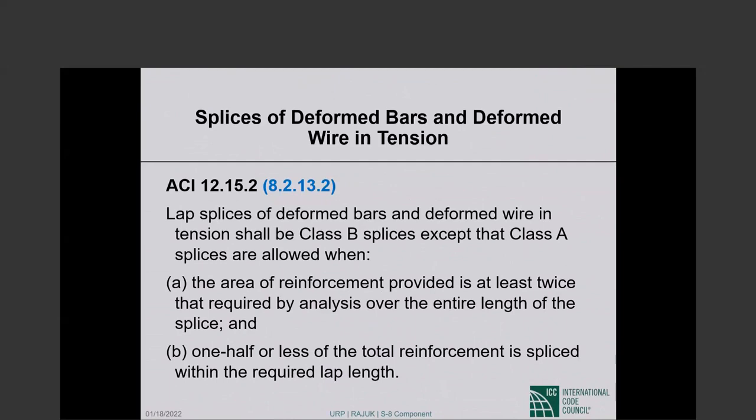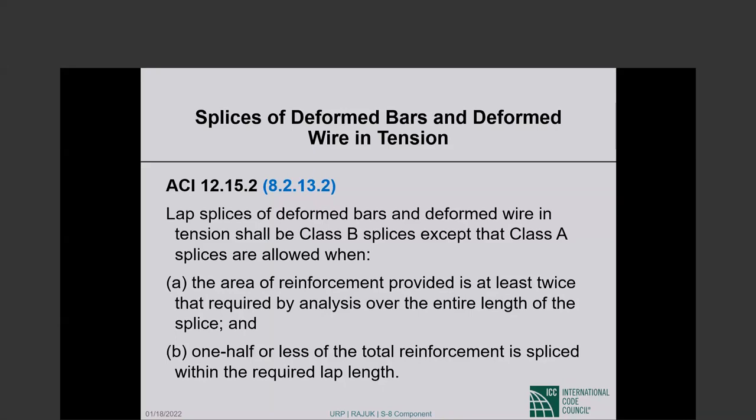Lap splices of deformed bars and deformed wire in tension shall be class B. So all splices shall be class B unless you satisfy two conditions in which your splices can be class A. If you can satisfy two conditions, your splices are class A. If you cannot satisfy those two conditions, your splices are class B.